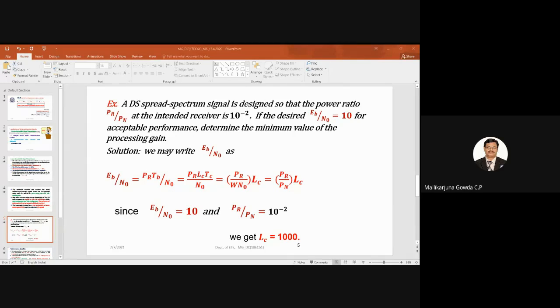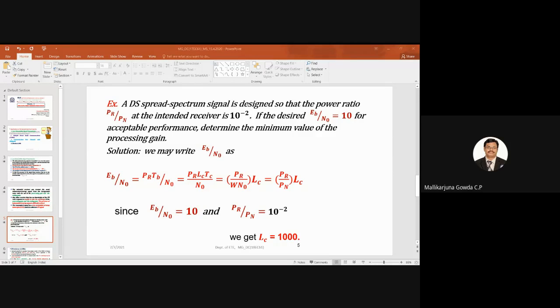The intended user has the knowledge of the pseudo noise code used at the transmitter side. Because of that, he can take the advantage of processing gain and coding gain, and with that he will be able to detect such a low power signal. The unintended users will not have the knowledge of the pseudo noise code, hence they will not be able to detect that signal. That is the one key point.